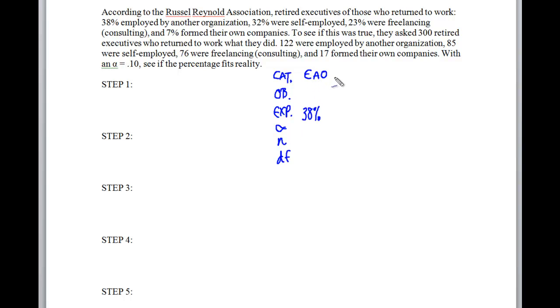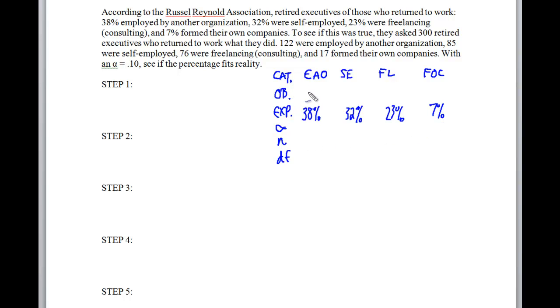And it looks like 32% will be self-employed, so self-employed, we'll put down 32%. There's going to be some small numbers written in here, and you'll see that in just a moment. And it says freelancing, so we're going to put FL. We got 23% freelancing. Okay, and then we have 7% who form their own company. So let's put FOC, formed own company, and that's going to be 7%.